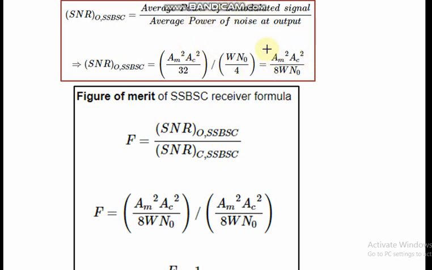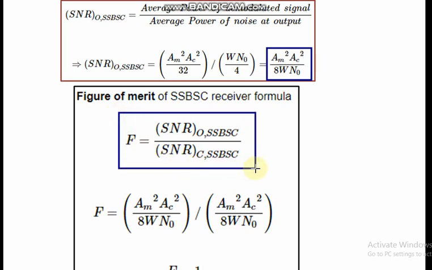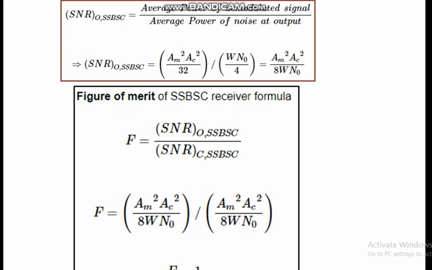And here again what we have received at the end, this is the formula, and if you put the formula for SNR at the input stage, SNR at the output stage, what we are receiving is the figure of merit.